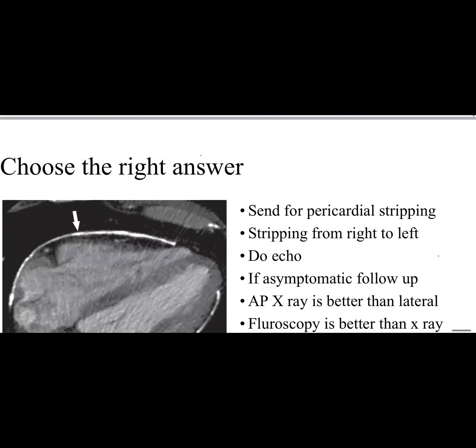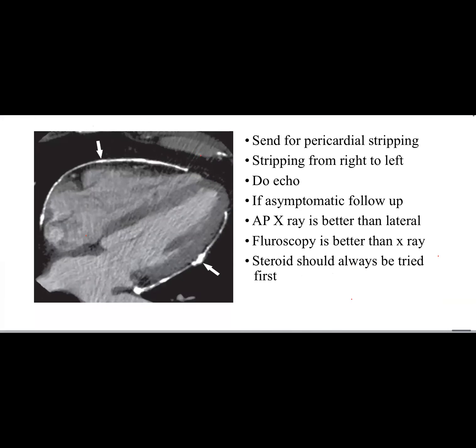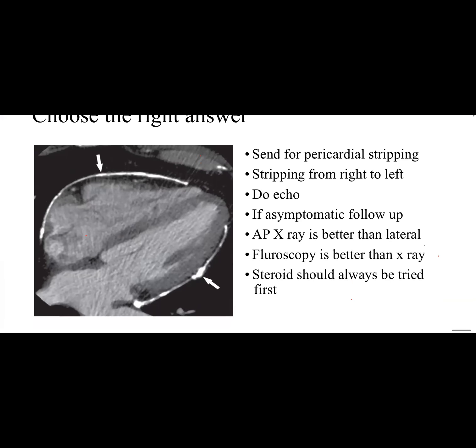Now choose the right answer here. You have this CT. Are you going to send for pericardial stripping based on this CT? Are you going to strip from right to left? Do echo. If asymptomatic, follow up. AP X-ray is better than lateral.